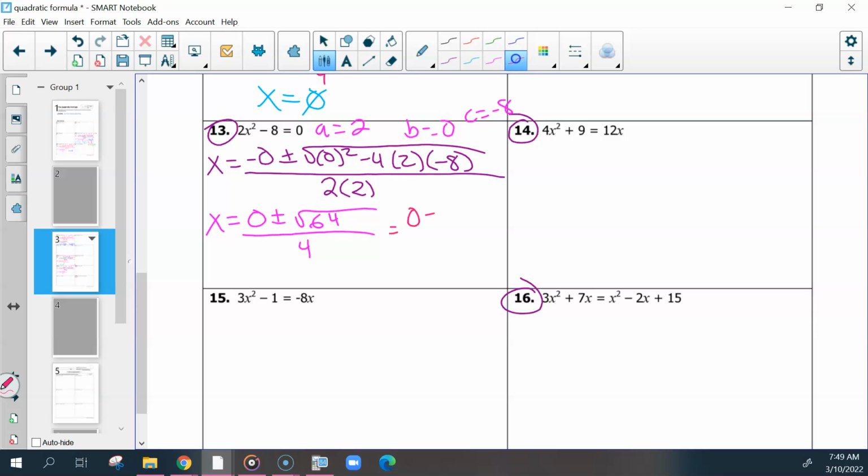So here we have 0 plus or minus 8 over 4. We're keeping the 0 plus or minus, that way we can remember what we're actually doing to it. So we have 0 plus 8 over 4 and 0 minus 8 over 4, which would really just be 8 over 4 and negative 8 over 4.